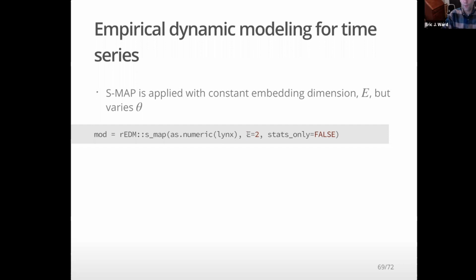Before, we specified E as a vector from lags 1 to 10 and got back the predictability across a range of lags. Here we have to specify the lag, and instead we're going to get out a table or data frame of the model across the different values of theta.